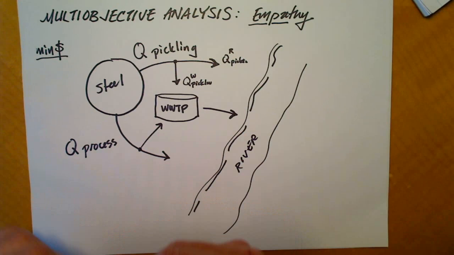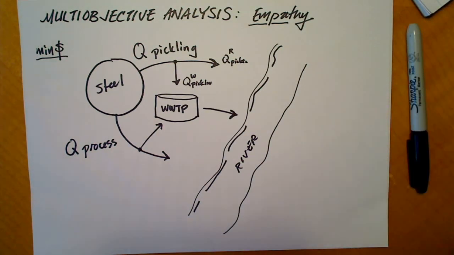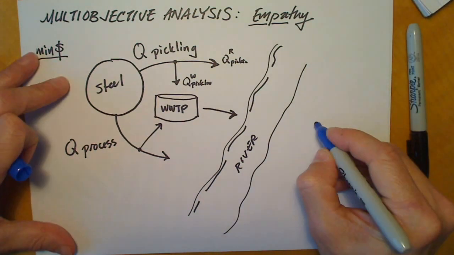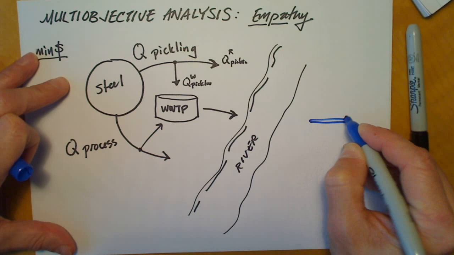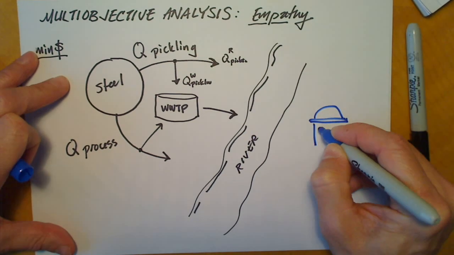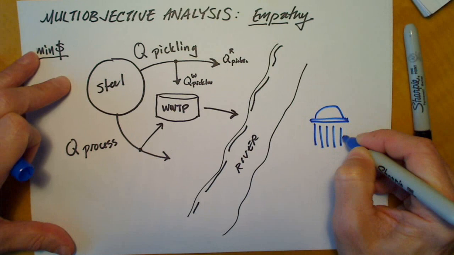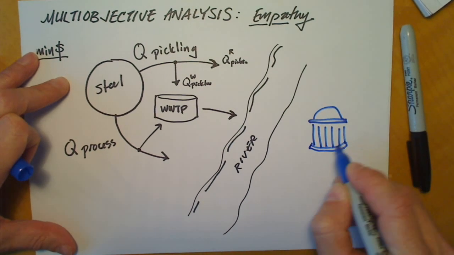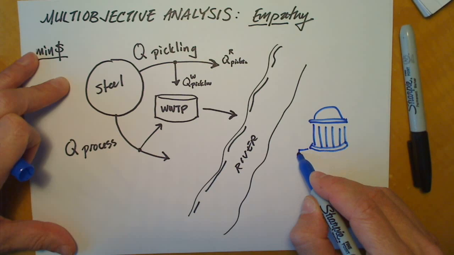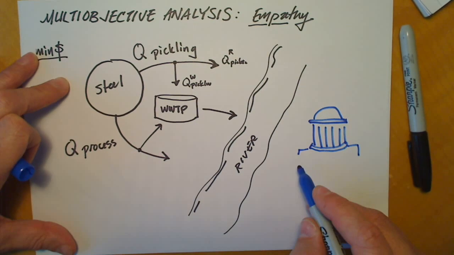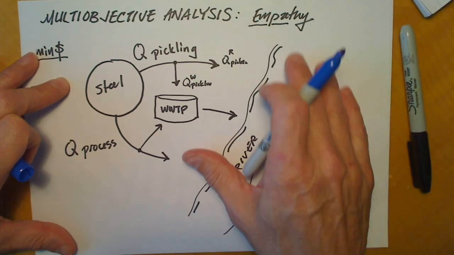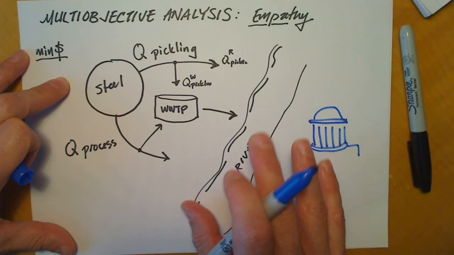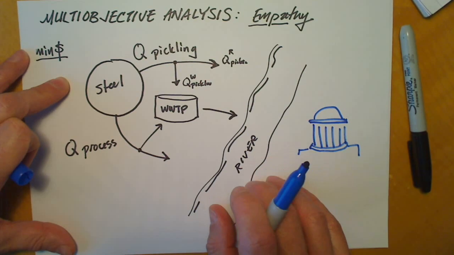Well, it becomes a multi-objective problem when you recognize that there's also a government agency. So we're going to have the symbol of a government building over here, and they have a little bit different stake in it. The government, they set a discharge limit, sure, but they also collect a fee.